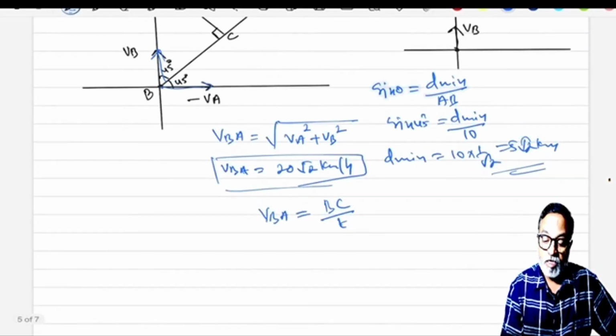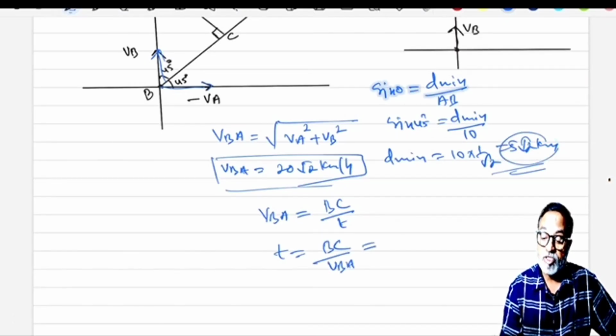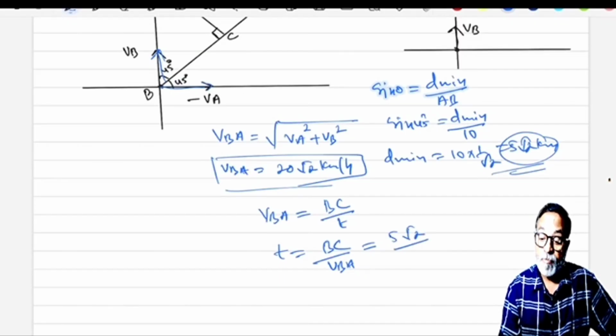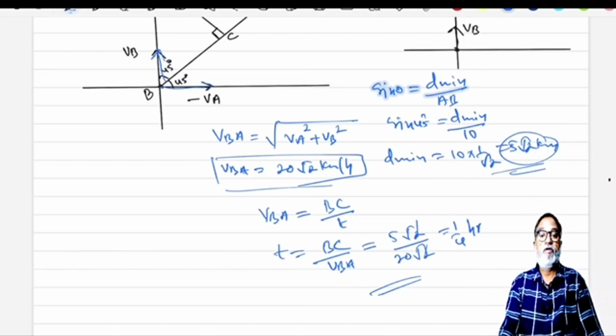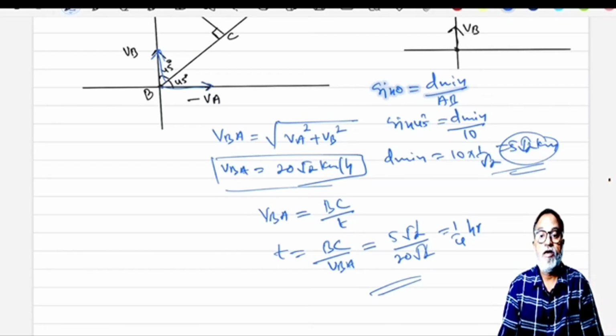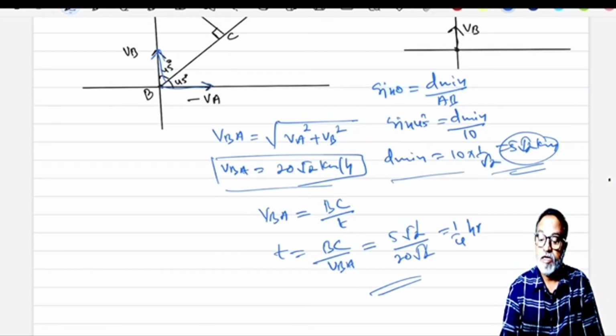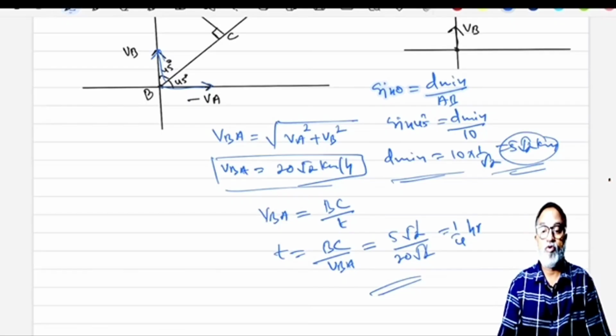Therefore, t is equal to BC by the velocity of B with respect to A. BC is also equal to this one, 5 root 2, divided by VBA, which is 20 root 2. Therefore, root 2 cancels, giving 1 by 4 hour. Therefore, this is the time to reach the closest approach, and this is the closest distance between the two ships.